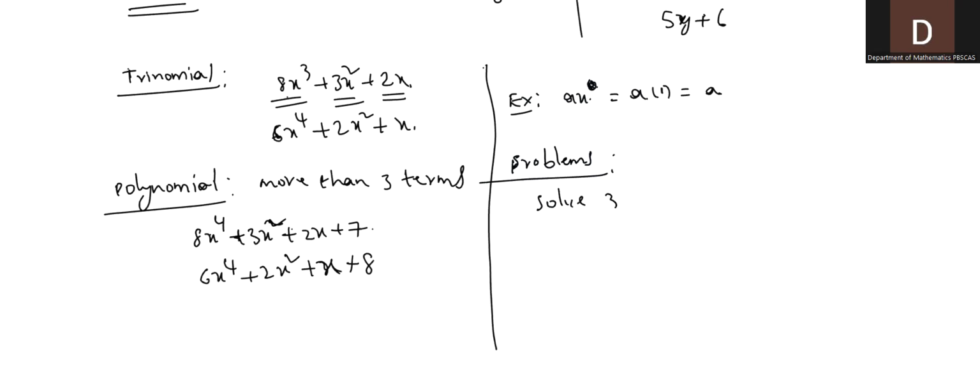Here move the constant term to the other side of the equation. Suppose 3x is equal to, here we move the constant term to the other side of the equation. So when minus 7 goes to the other side, it becomes plus 7. Then x is equal to 7 divided by 3. So that is equal to 7 divided by 3.